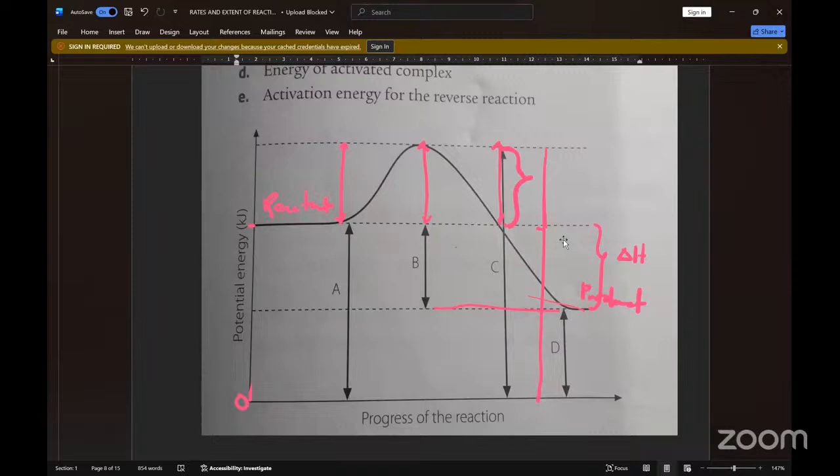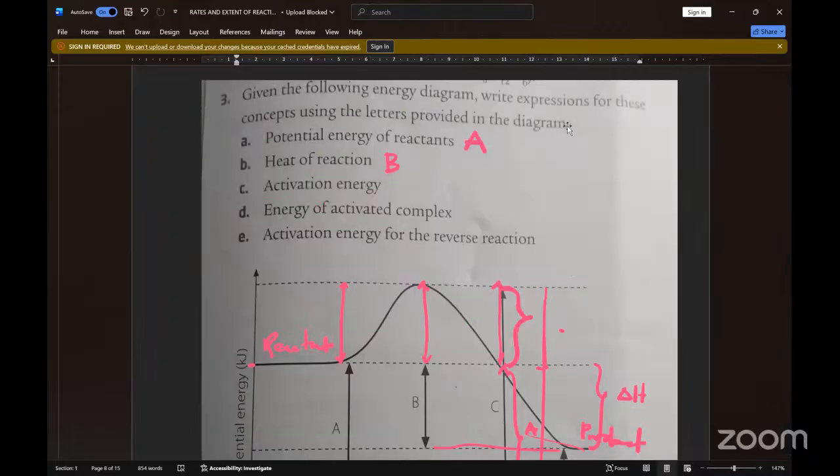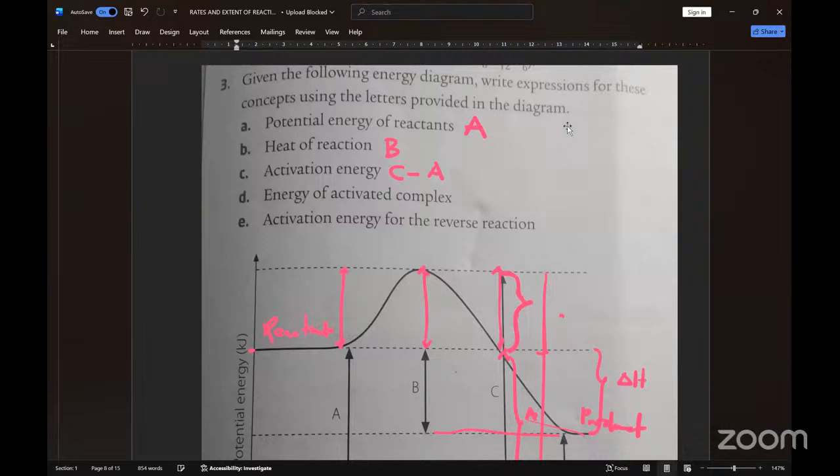So from here to here is A, and from here to the top is C. So the gap is the difference. So this is going to be C minus A. So the activation energy here is C minus A.